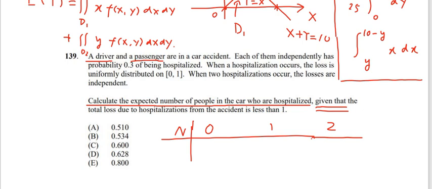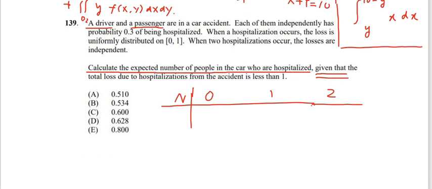So what is the probability? Let's say each of them independently has a probability of 0.3 of being hospitalized. So both hospitalized is 0.3 squared, so 0.09. And here is 0.7 squared, which is both of them not injured.